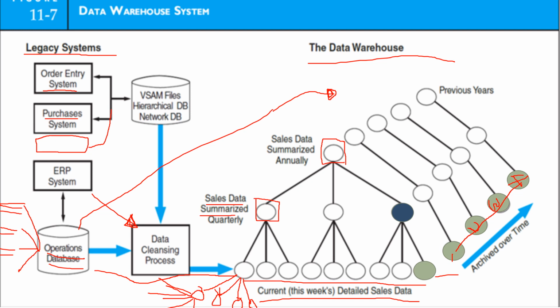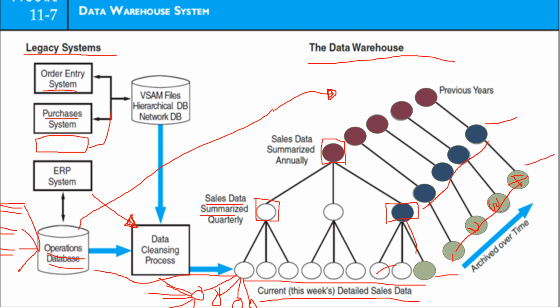And when we have 3 months here, we will have the update for the quarter. The data warehouse will run a quarter update, and then we will also have the previous quarters. So this one is based on the quarters. And here we have yearly or annually. So here we have previous years, here previous quarters, previous months.